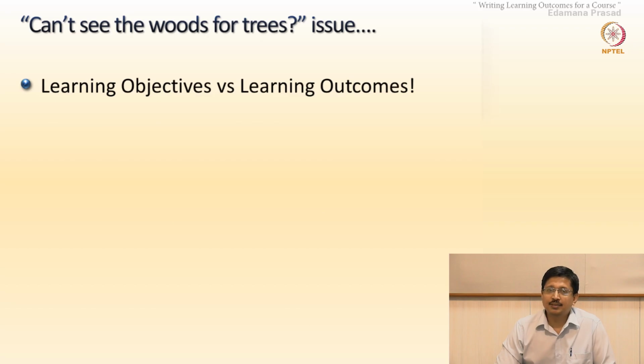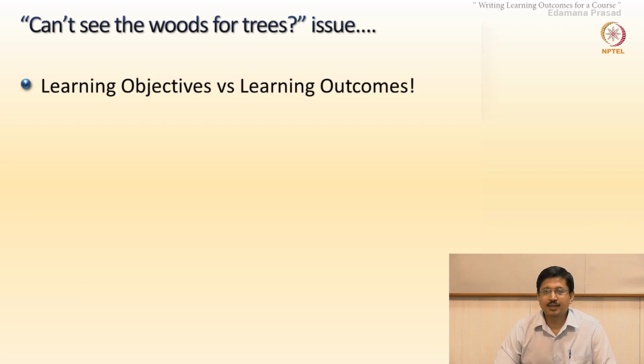Another issue which is pertinent in writing learning outcomes is that many faculty ask: are learning outcome and learning objective different or the same? One of the challenges that faculty may find is the difference between the English words objective and outcome. There is a tendency to think objective is something that we aim for and outcome is something that we finally achieve.